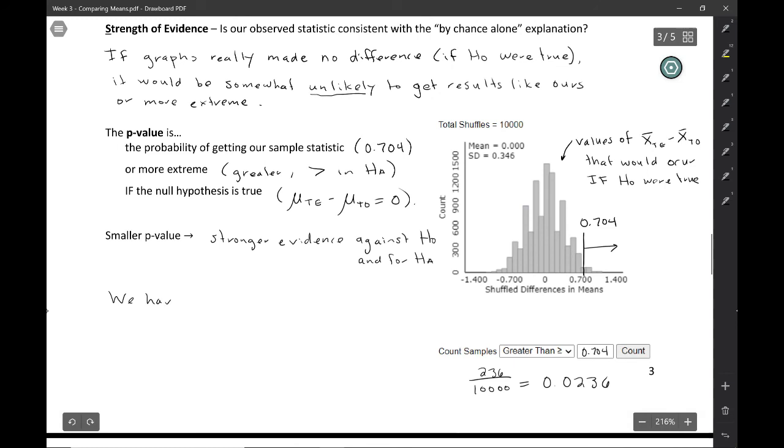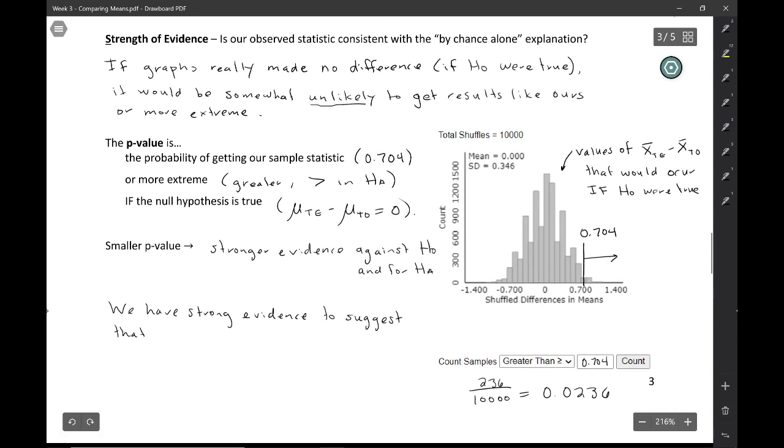So I'll say that we have strong evidence to suggest that seeing a graph, that's our treatment group, that seeing a graph leads people to believe the drug is more effective. Right, that's what they were measuring with their ratings. And of course, this isn't perfectly a deterministic relationship, so I'm going to add on average.